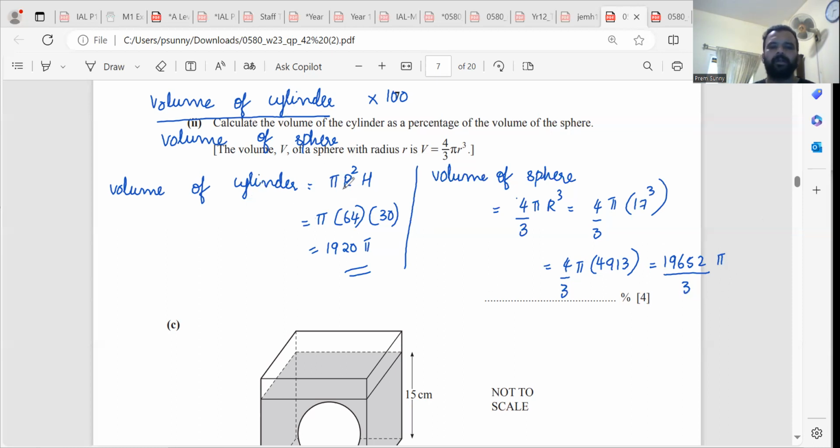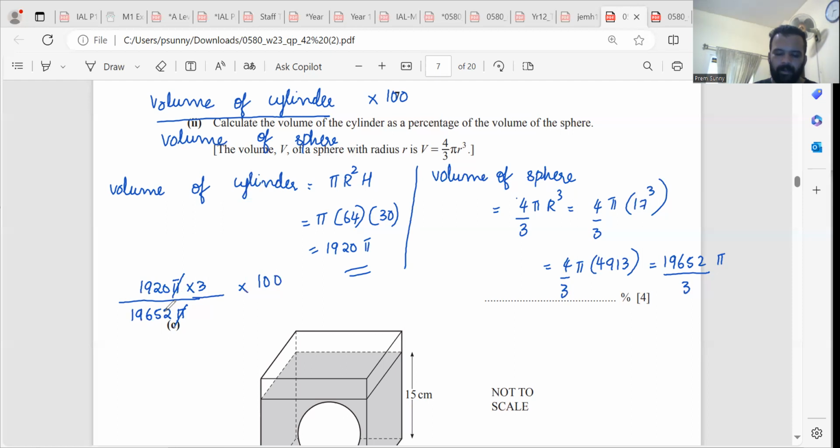Now let's put the values in this formula. Volume of cylinder is 1920 pi divided by volume of sphere 19652 pi. This 3 goes to the numerator. Let's multiply by 3 into 100. Pi and pi get cancelled.